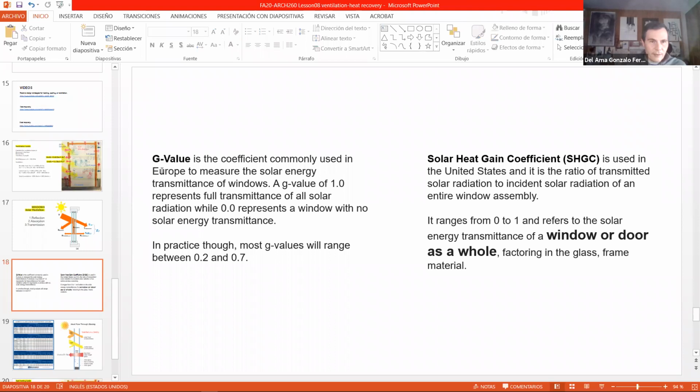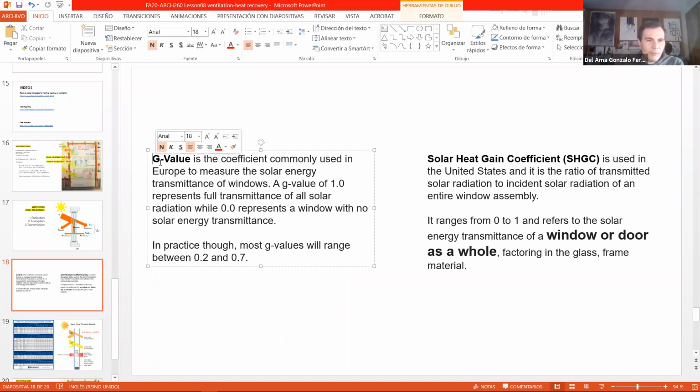Well, the first difference is that the G value is what they use in Europe. So in Europe, if we are dealing with a glass manufacturer, they will inform about the G value. In the United States, they are dealing with the solar heat gain coefficient. So what's the difference? The G value is just for the glass. And the solar heat gain coefficient is the energy transmittance of a window or door as a whole. We mean glass and frame material.